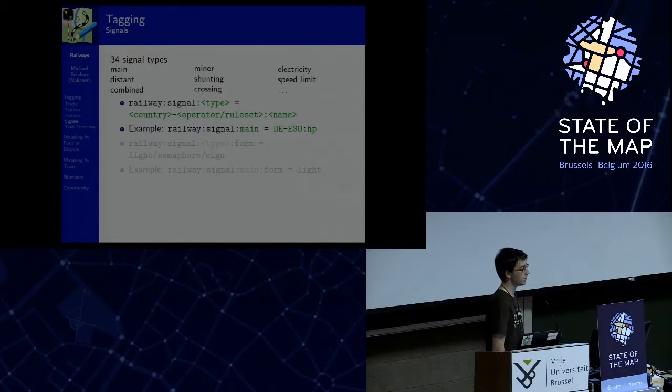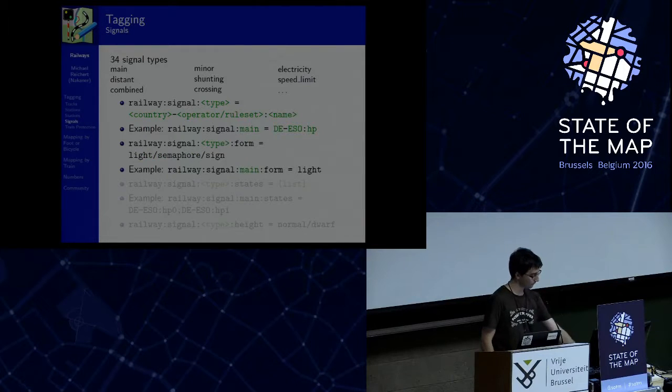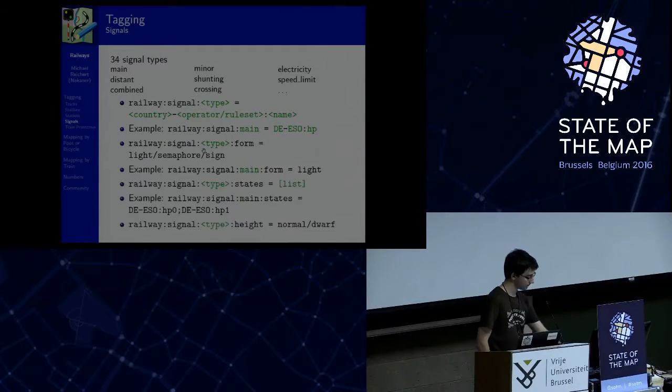ESO is the name of the rule set which is used on that line. And it's a light signal. There are tags for the height of the signal, what aspects the signal can show, and so on.